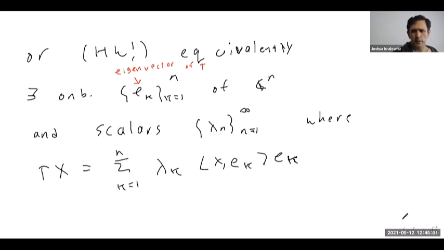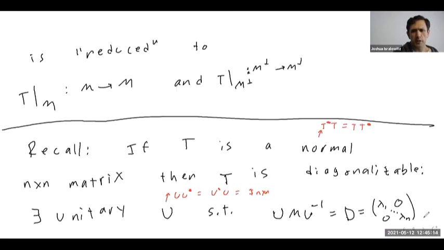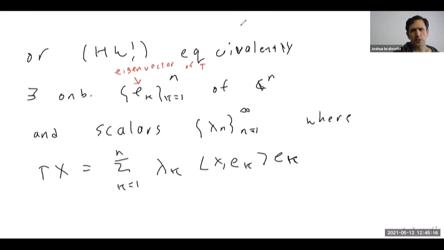And you can actually check that these are just going to be the columns of my unitary matrix here, really. You can just check that. These e_k's are going to be very explicit.